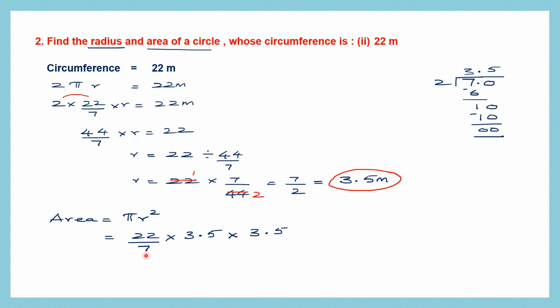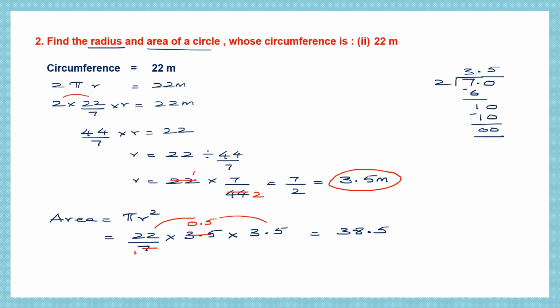Now here 7 fives are 35, we know, isn't it? So 7 into what will give us 3.5? It will give us 7 into 0.5. Okay, so cancel that. Now we just have to multiply 22 into 0.5, which is 11. 11 into 3.5, and that is equal to 38.5.